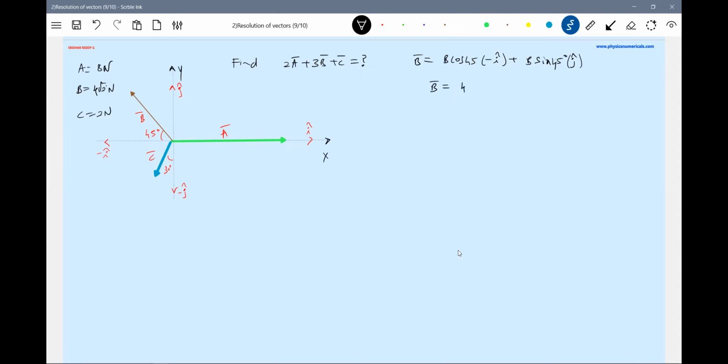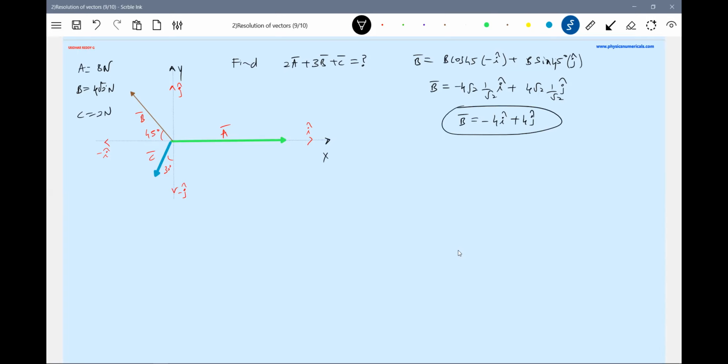B is 4 root 2, times 1 by root 2 I cap, this will be 4 root 2 times 1 by root 2 J cap. So this will become minus 4 I cap plus 4 J cap. Okay, B bar, I got it.